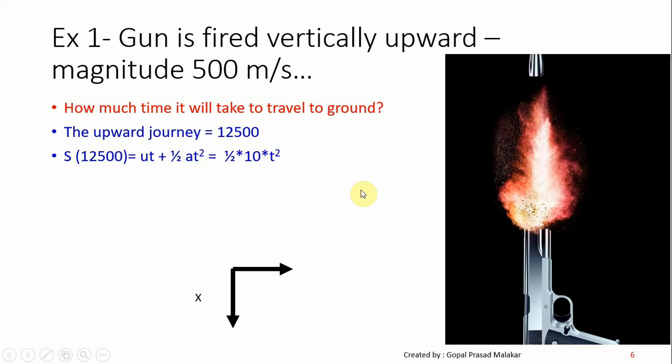Apply this equation and it gives 25,000 equal to 10 into t square. Effectively, t square equals 2500, so t becomes 50 seconds. So in 50 seconds it will come down.